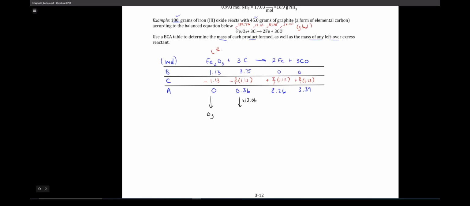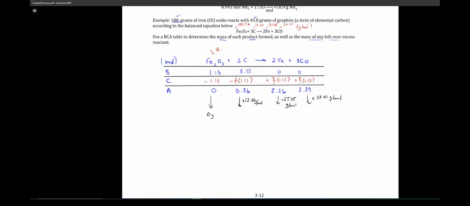These are all moles, so grams per mole. This one would be times 55.85 grams per mole. And this would be times 28.01 grams per mole. All right, so not too hard to do that.